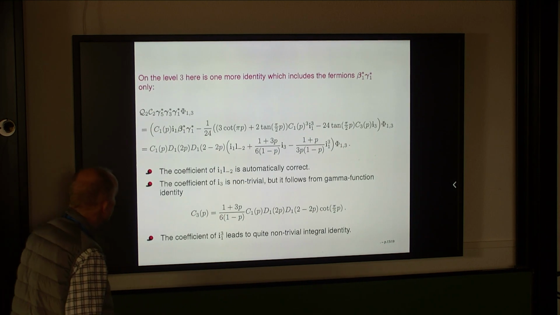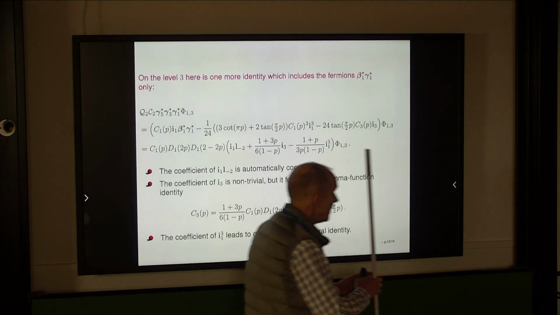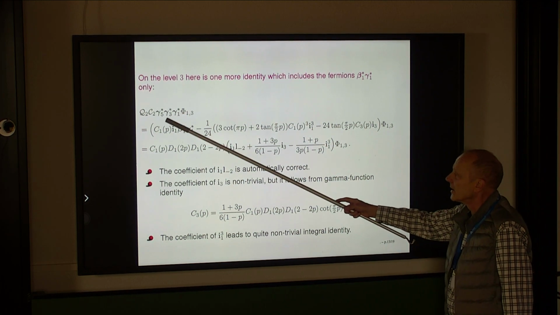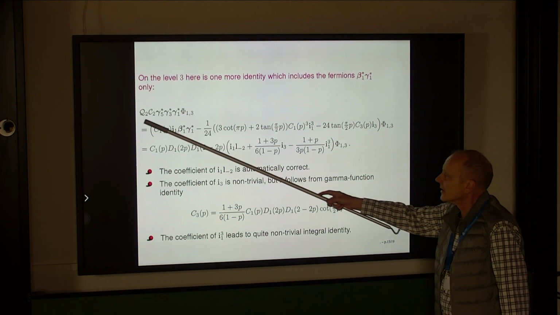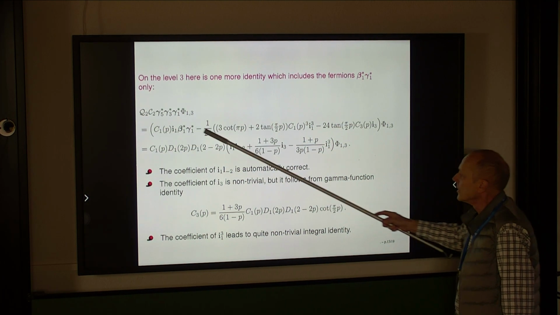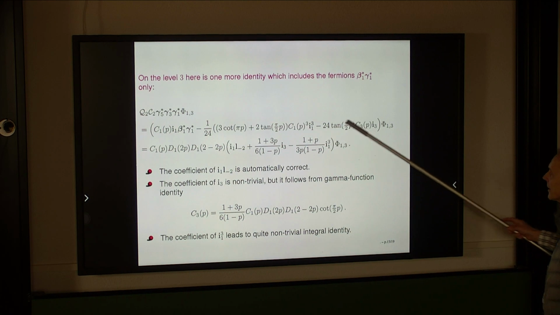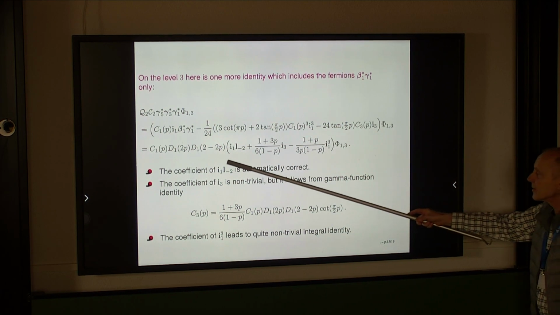And this is more interesting. This guy looks like that: you take 3 of this and act by this q, and you obtain this left-hand side, which must be equal to that.